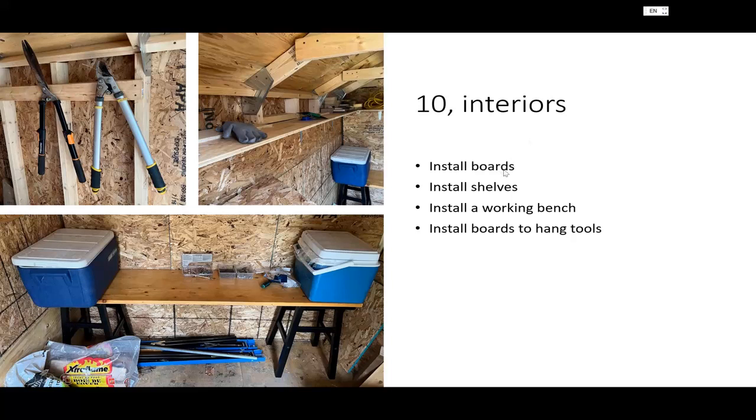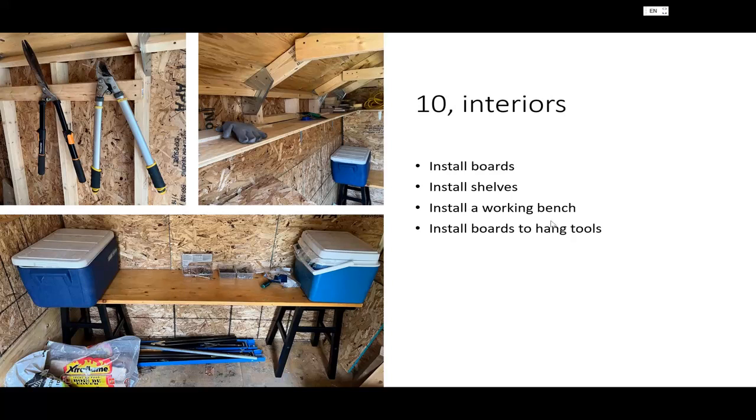So the boards on this side, and after that, it's a good idea to install some shelves, right? So you can put your little tools there, your gloves, and so that's also good, just to better use the space here. And then I have some extra chairs here. I put a board, found somewhere, and then it became a working bench.